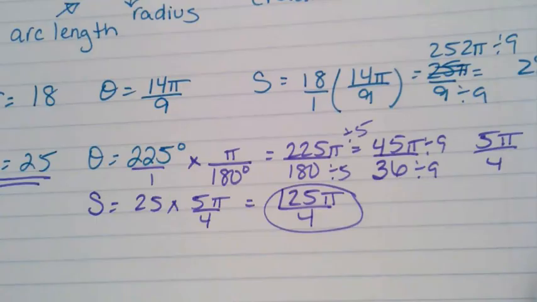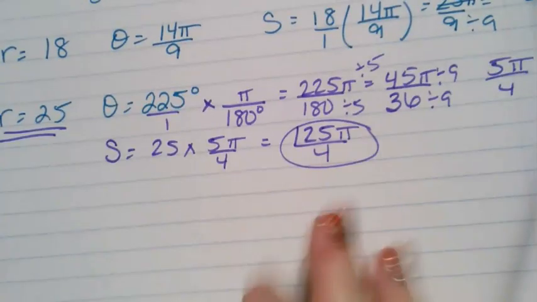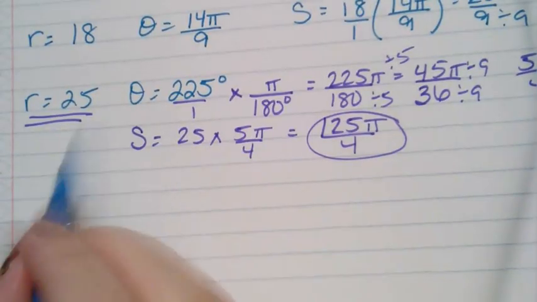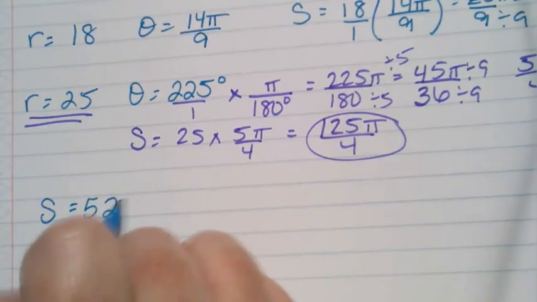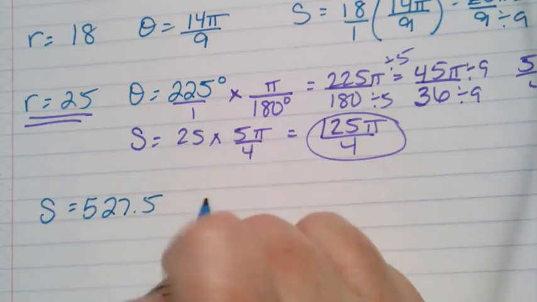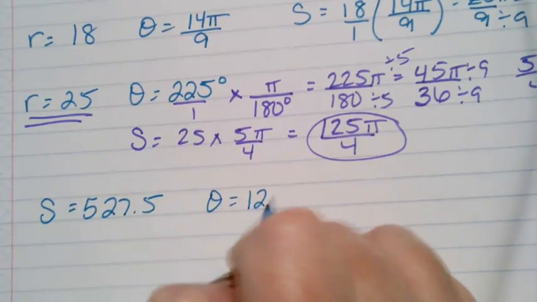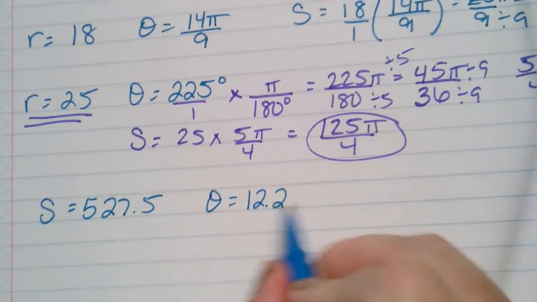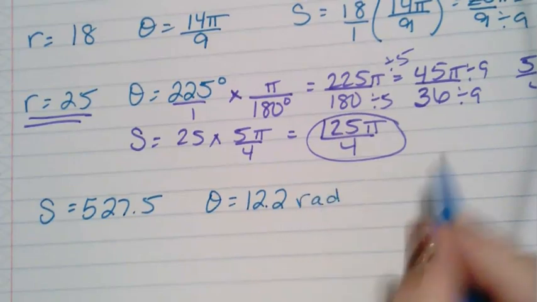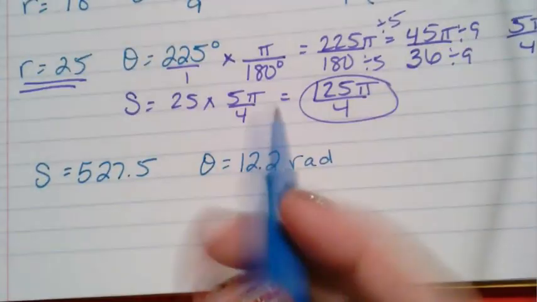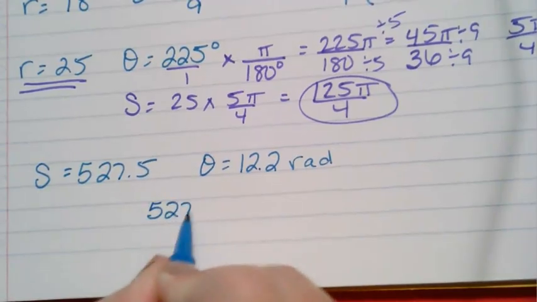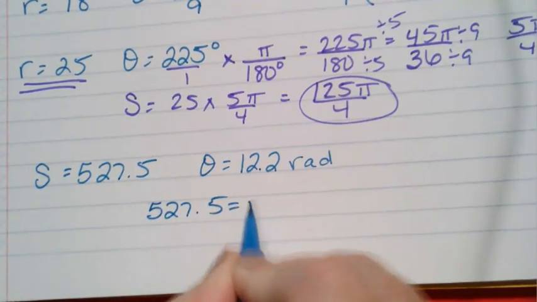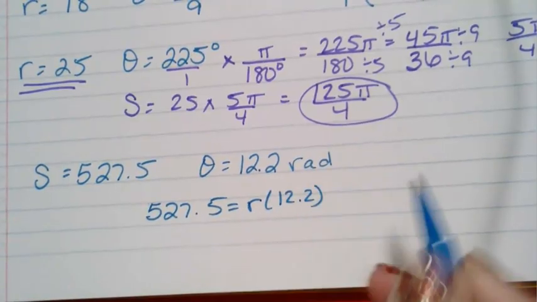Last one for this is arc length. So if S equals 527.5 and theta equals 12.2 radians, what is R? So we're just going to plug it in. 527.5 equals R times 12.2.